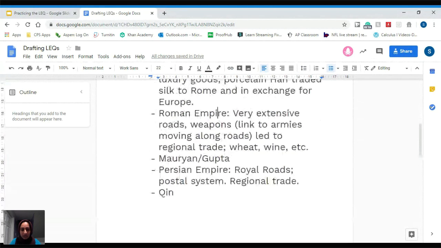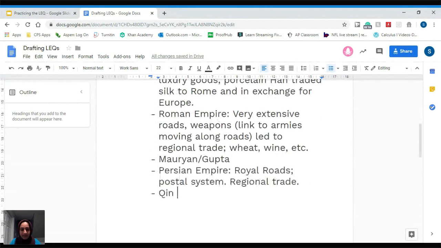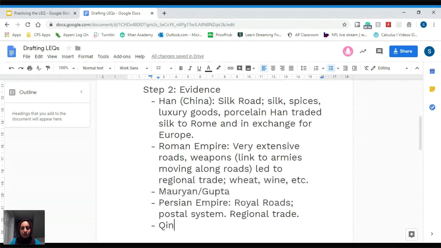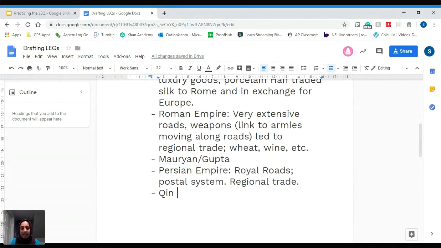So let's see, we have the Qin. I don't really think they had extensive trade. So this is what I did on the AP exam. I used these three empires, and then I used this as a counter argument, because I said that they didn't really trade much.